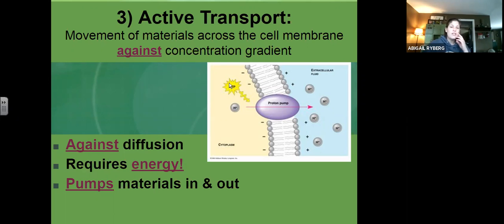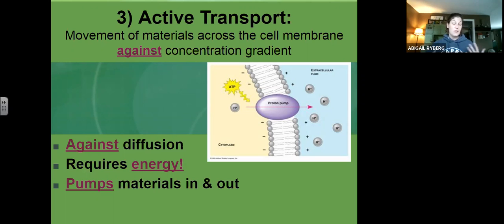It's important to note that in the picture, the yellow star molecule is labeled ATP. That's what we call cellular energy, and we'll learn about that in a couple of days. ATP stands for adenosine triphosphate, and it's literally the energy that our cells use.